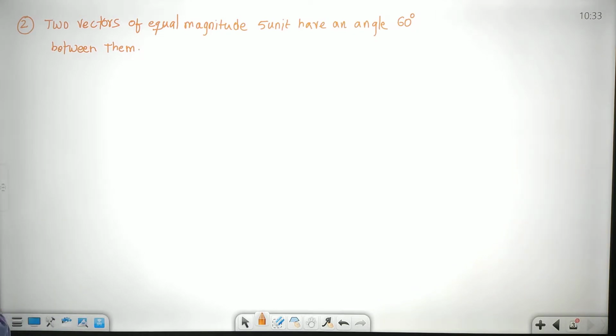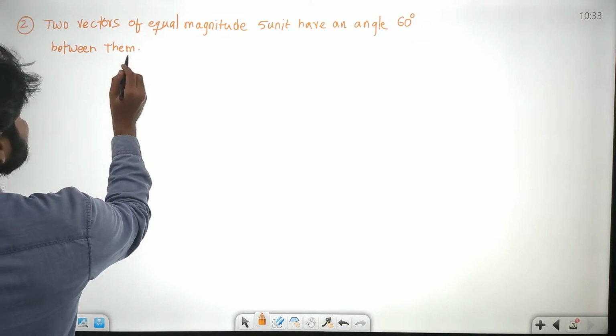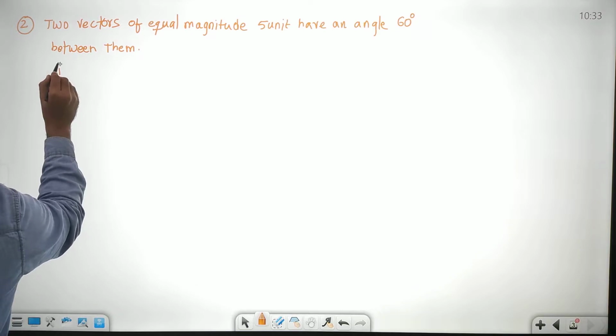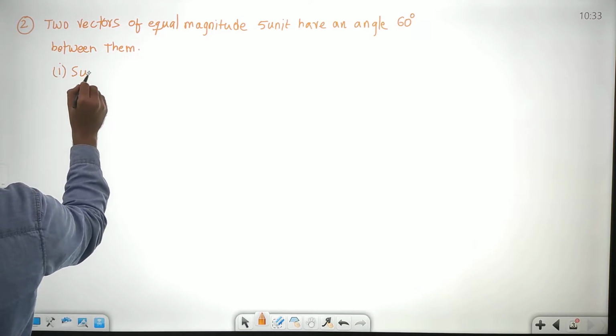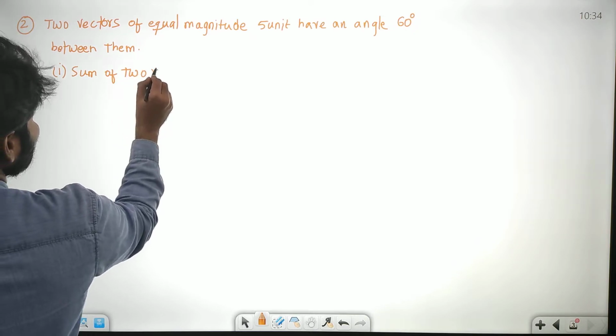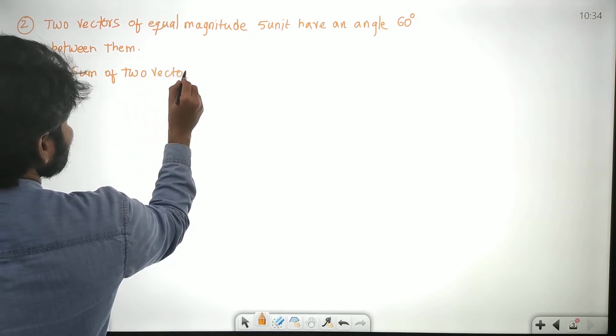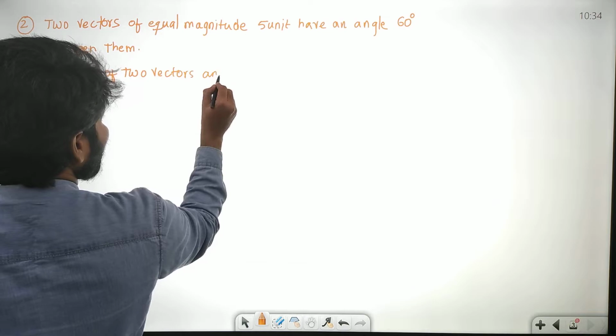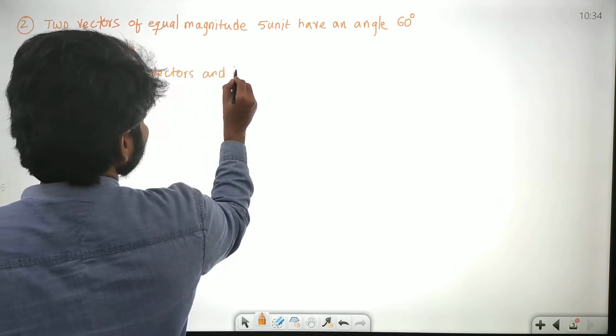Here he is asking for the sum of the two vectors and its direction.